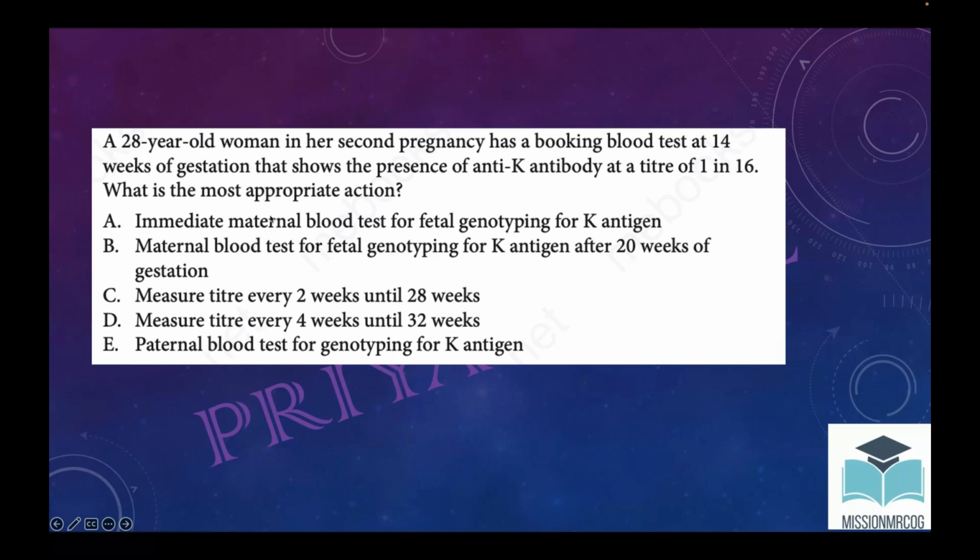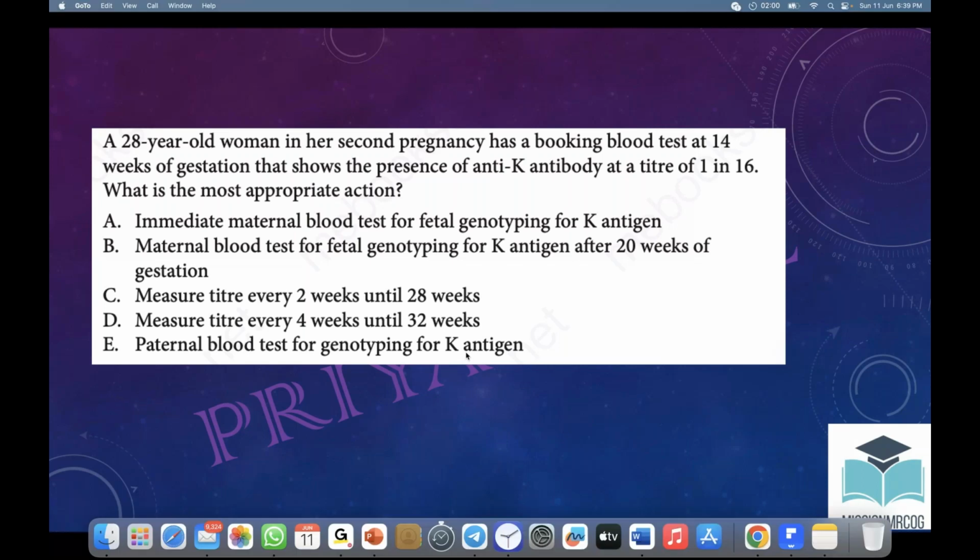Immediate blood test for K antigen, maternal blood testing for K antigen after 20 weeks, measure titer every 2 weeks, every 4 weeks, or paternal blood test for genotyping K antigen.